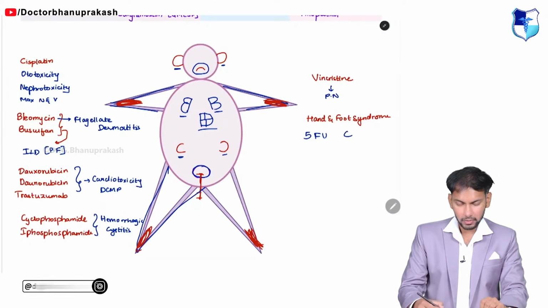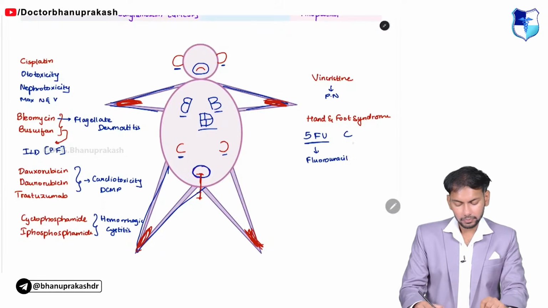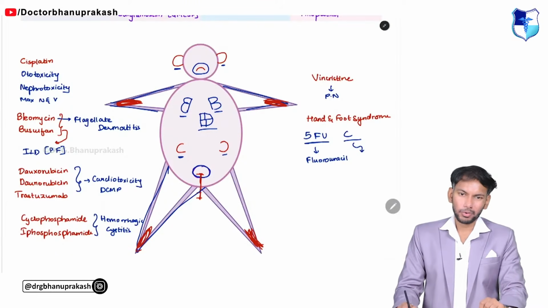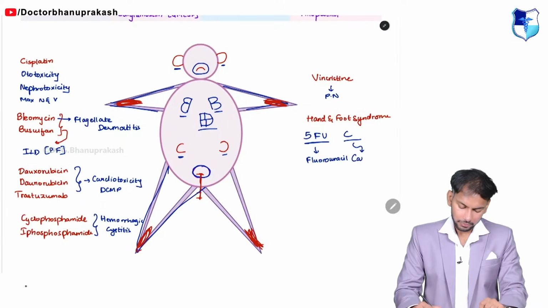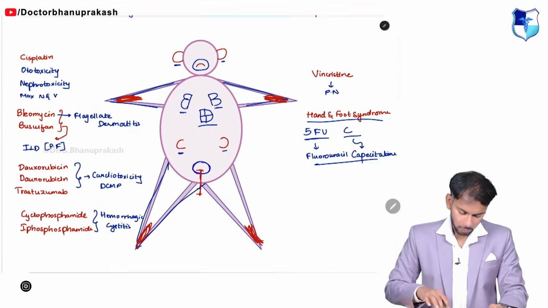See, it is given on the screen. Yes, this is 5-fluorouracil. Did you understand? 5-fluorouracil and capecitabine. So these two drugs will cause hand and foot syndrome. These are the side effects I wanted you to remember from this chemo man.